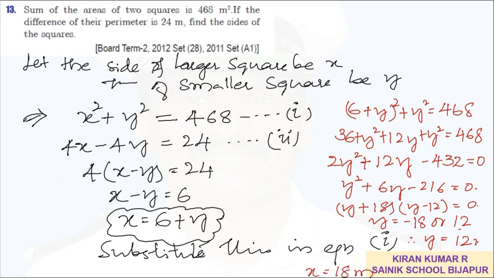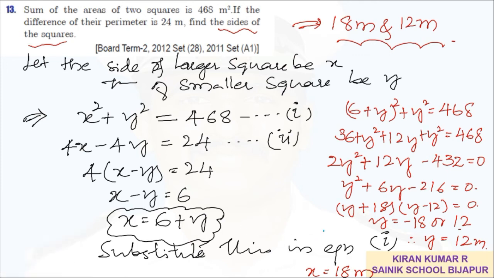So the sides of the squares are 18 meter and 12 meter respectively. Here I have written the answer directly. Please, you need to find out why I have written it like that. Alright, use splitting the middle term.